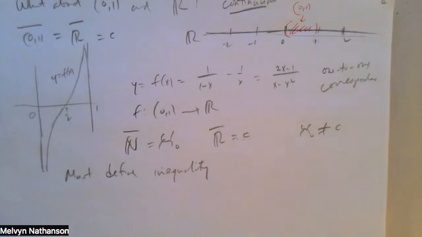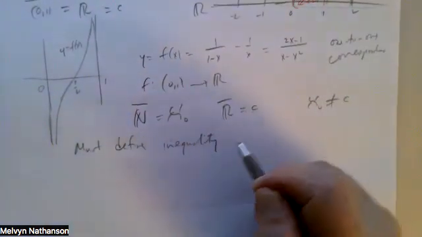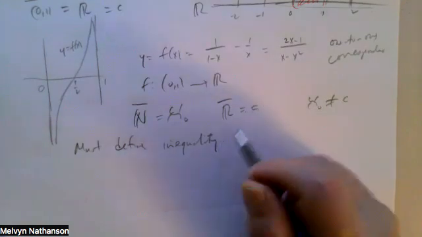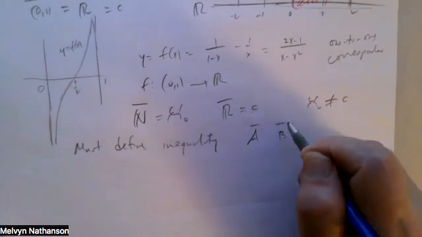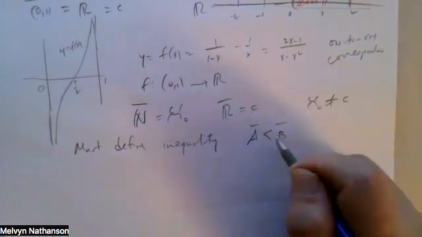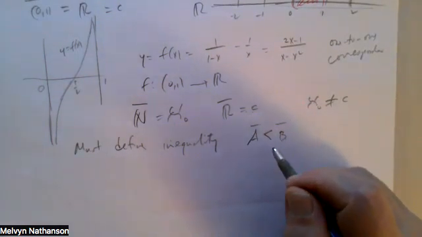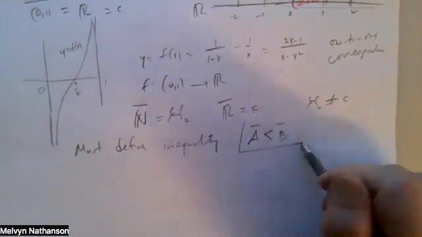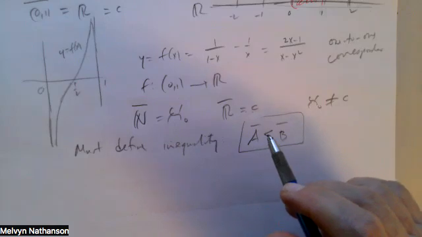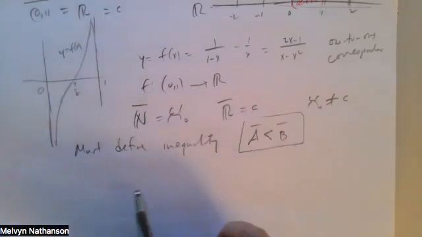So suppose we have sets A and B, and I want to say, what does it mean for the set A to have strictly smaller cardinality than the set B? So we do it in two steps.